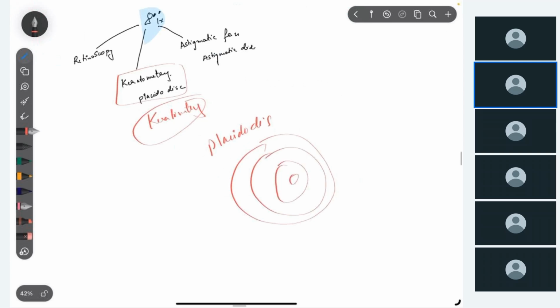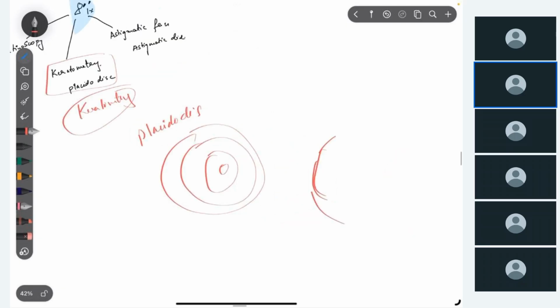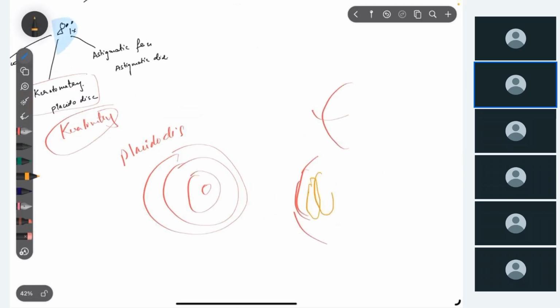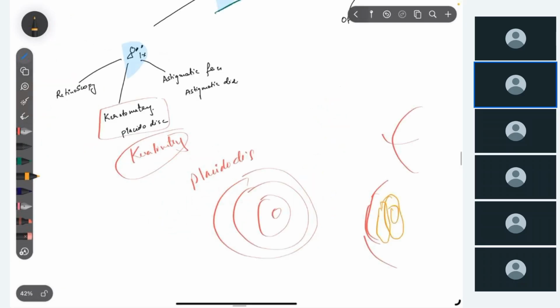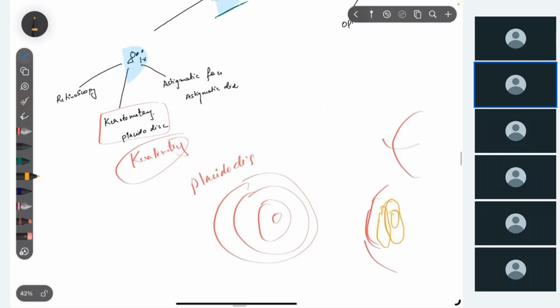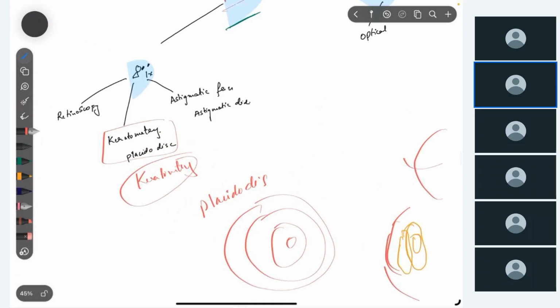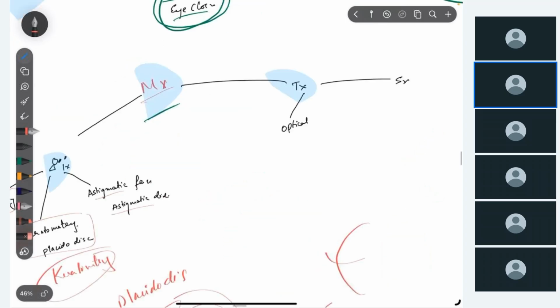You place it in front of the patient's cornea and you will see the reflection. If the meridians are too much curved, then you will see that these rings are distorted. This is also an investigation which is used. There are other investigations, just remember the names: astigmatic fan, astigmatic disc, and you can also do retinoscopy. Most of the time the fundus is normal in case of astigmatism.